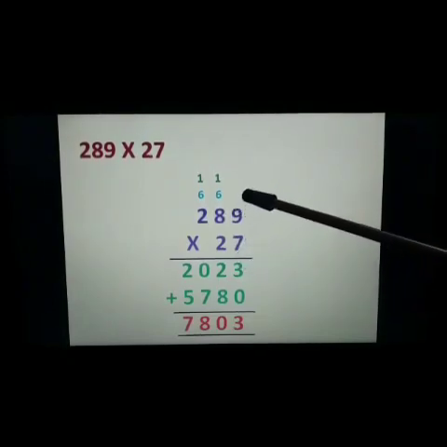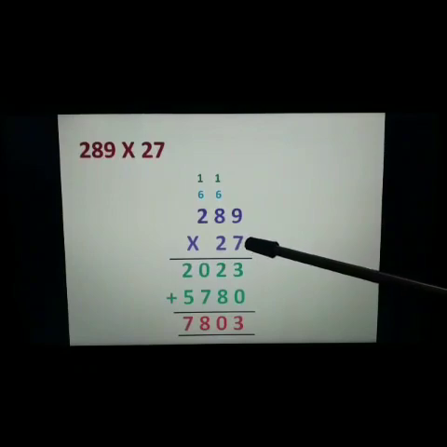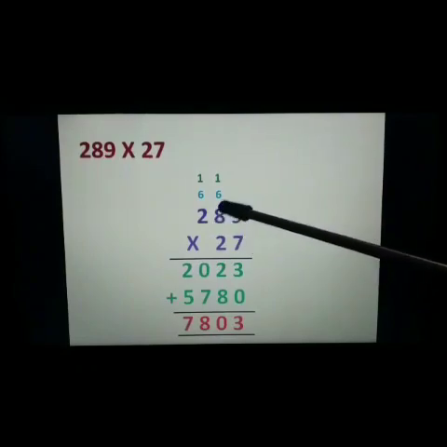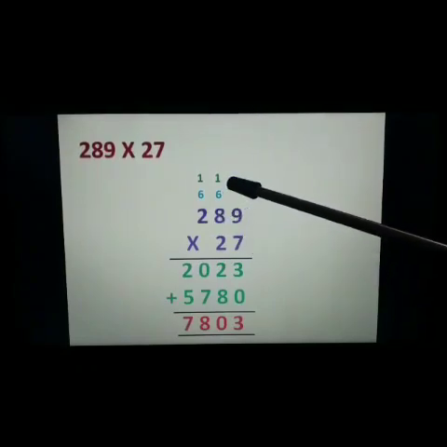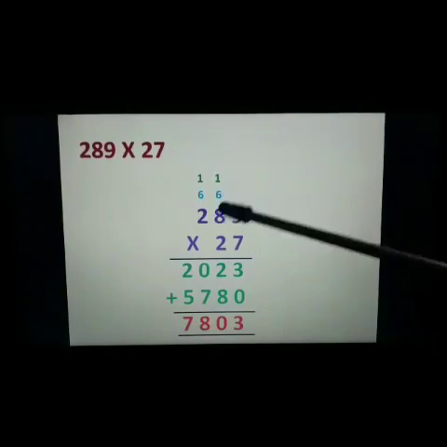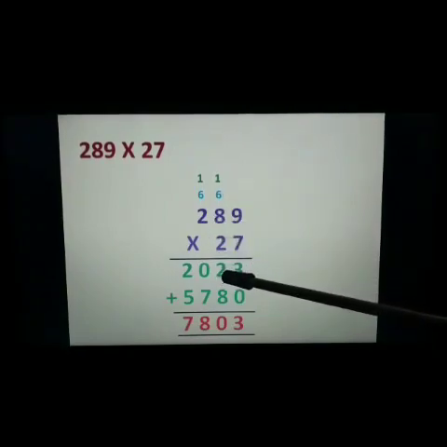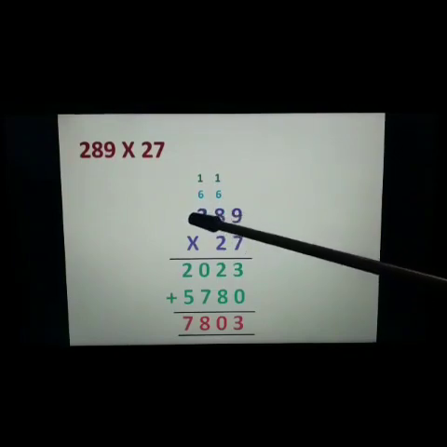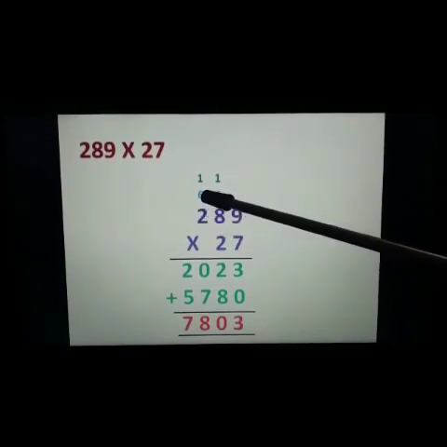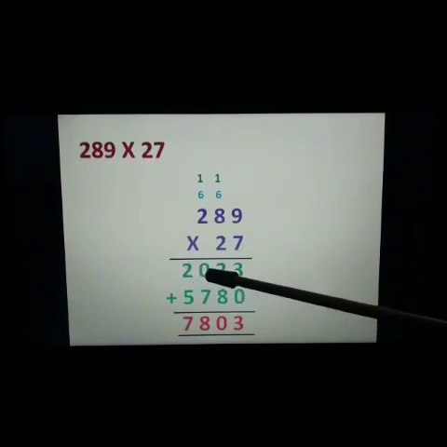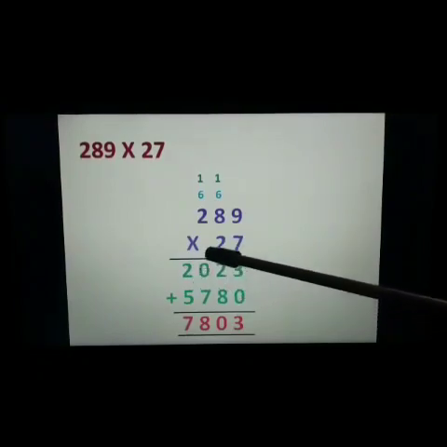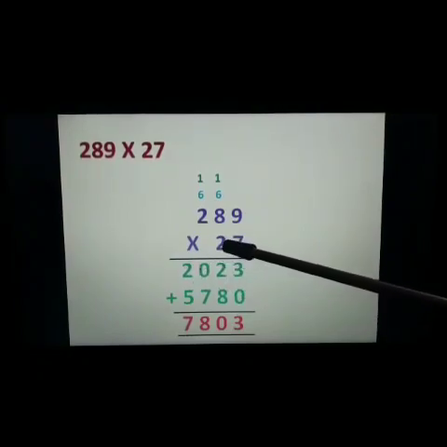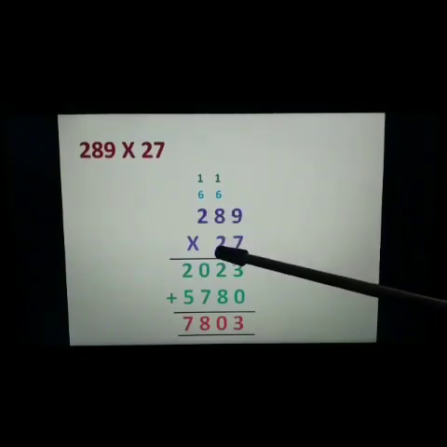Now 7 eights are 56. 56 and 6 is equal to 62. So 2 will be here and 6 will be carried over to the hundreds place. Now 7 twos are 14. 14 and 6 is 20. Now we will multiply this number by 2.